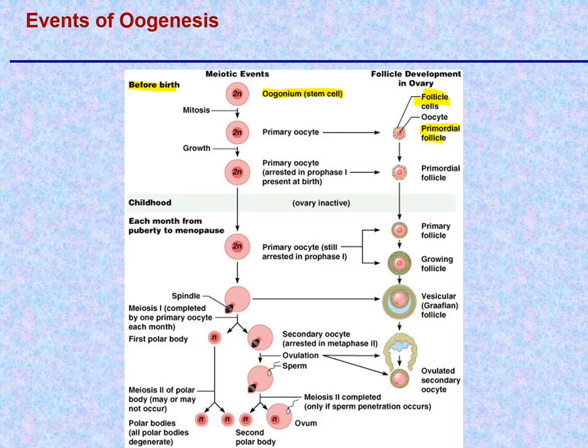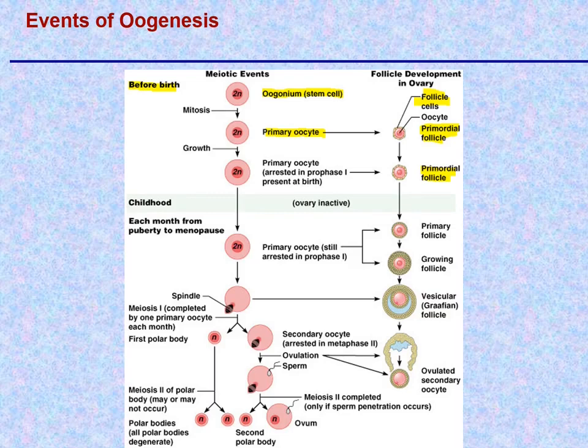Okay. And it has undergone mitosis, so you have primary oocyte, again, still inside the primordial follicle. Now that primary oocyte, as I said, starts into meiosis but stalls. And these primordial follicles sit until puberty starts.